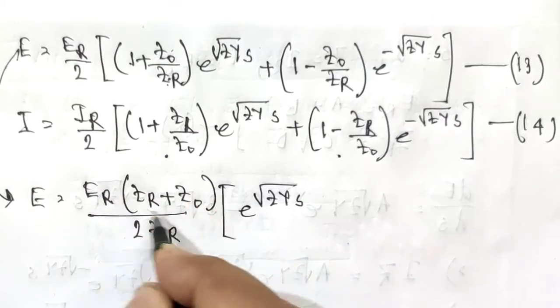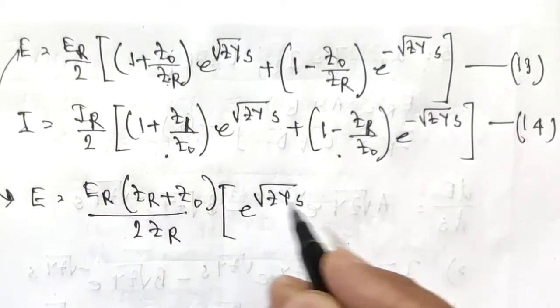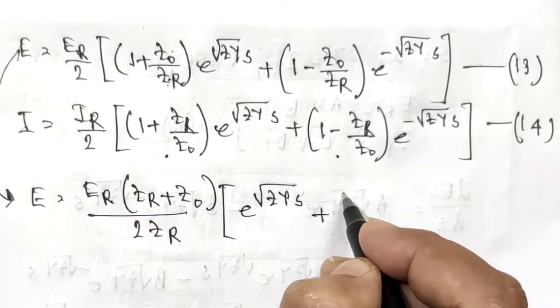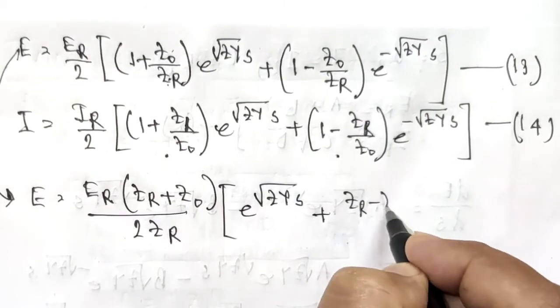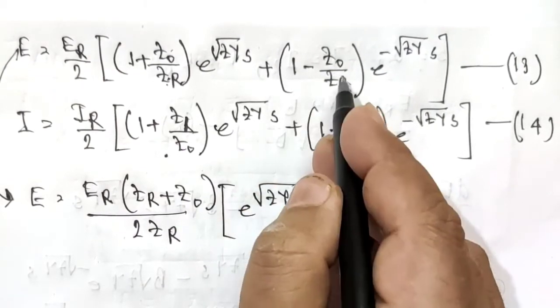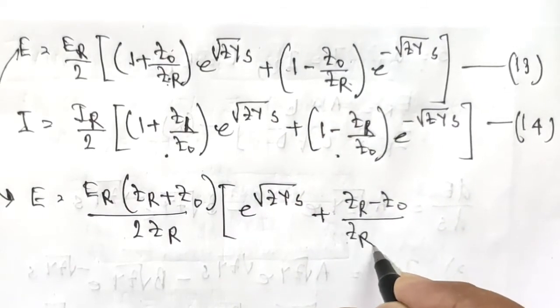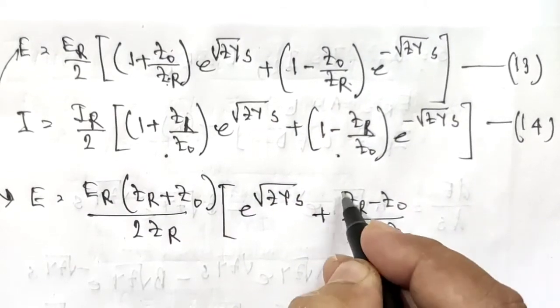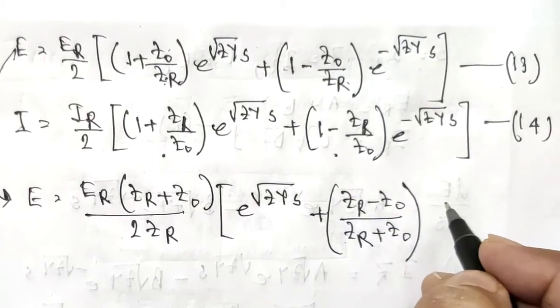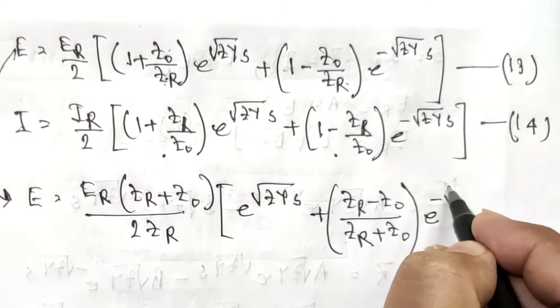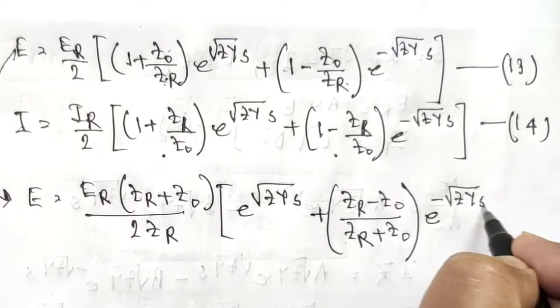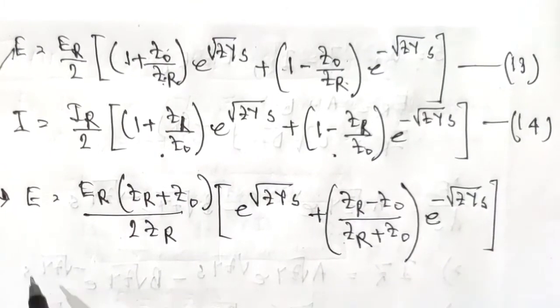As ZR plus Z0 has been taken common, so we must write here ZR minus Z0, that is from this term, ZR minus Z0 divided by ZR plus Z0, simple mathematical calculations, into e to the power minus root ZYS.